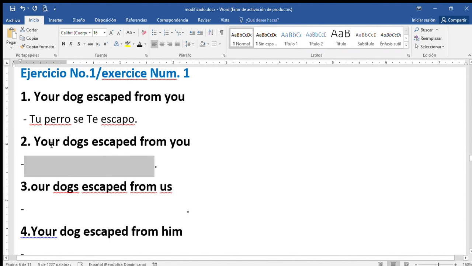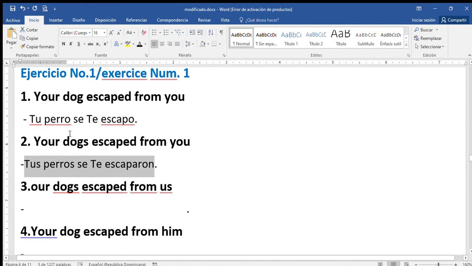Now I'm going to count to three. One, two. Remember that he said your dog is talking about the third person, and your dogs is talking about the third person, but in plural. So what is the answer? Tus perros se te escaparon.